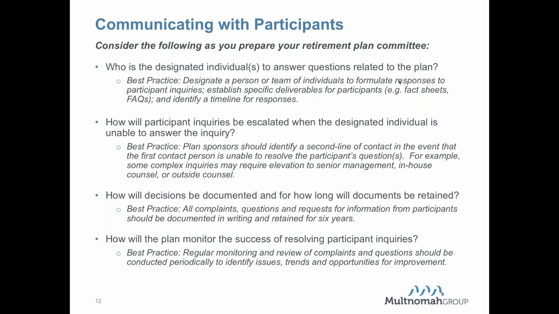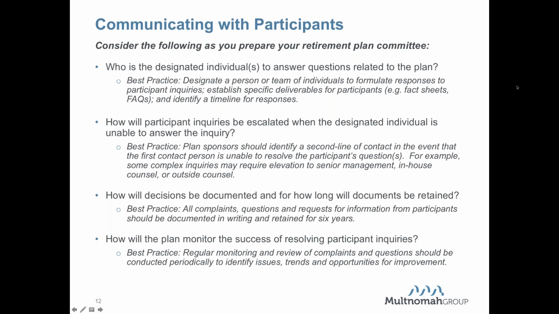So, for example, along with that, you want to maybe have some pre-prepared materials. So maybe it's a fact sheet or something of that nature. You may also want to have some sort of high-level policies to be able to address some of these things. So for example, one committee that I'm working with, we created a high-level policy on how to address when participants come in and ask to review the plan document.